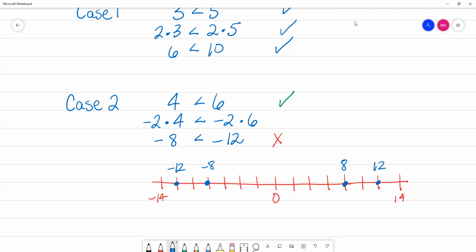What does equivalent mean? Equal, right? So to make it still be true, or say the same thing it did originally, when you multiply both sides of an inequality by the same negative number, you must flip your inequality symbol.